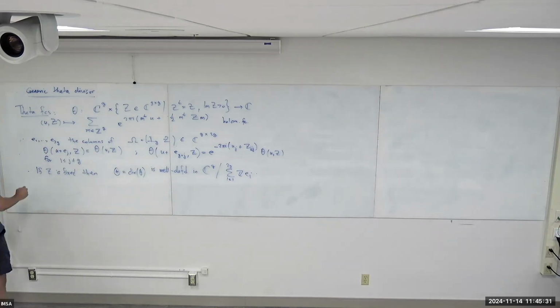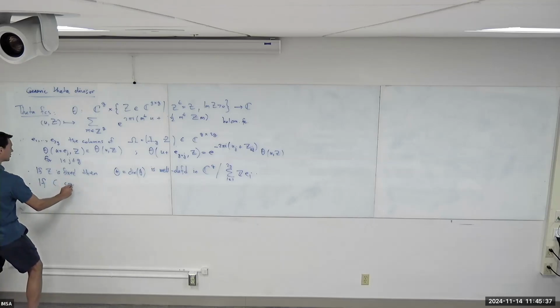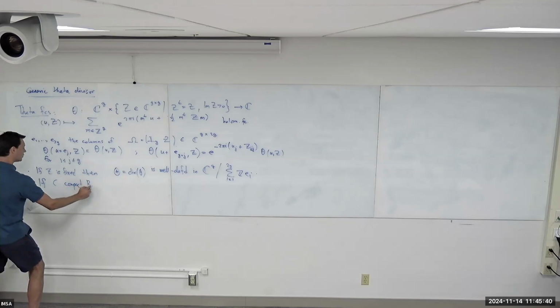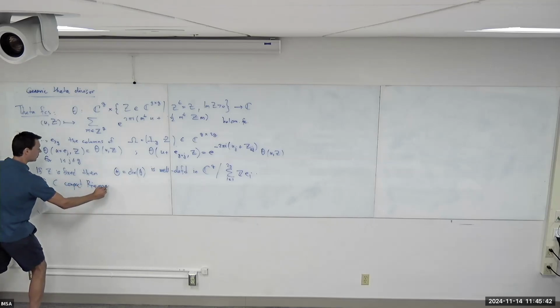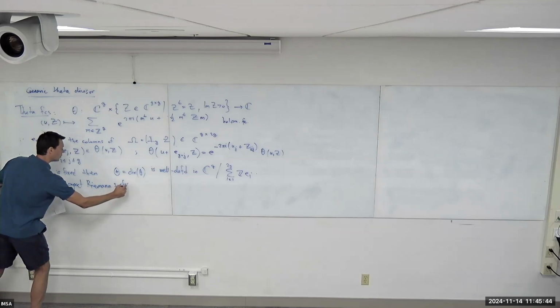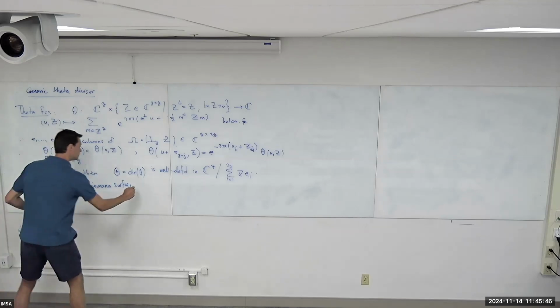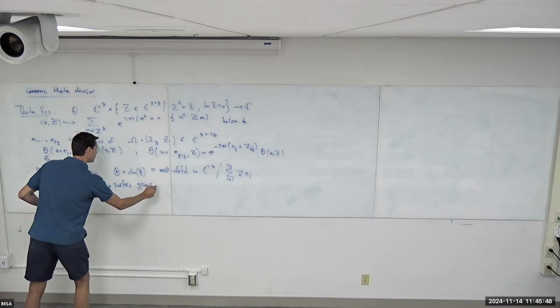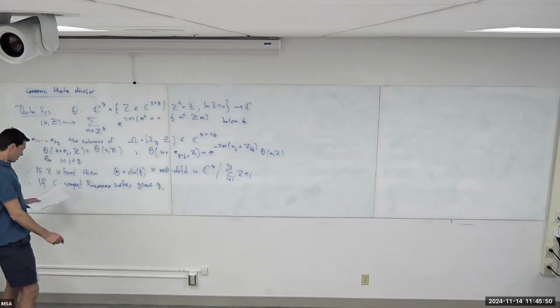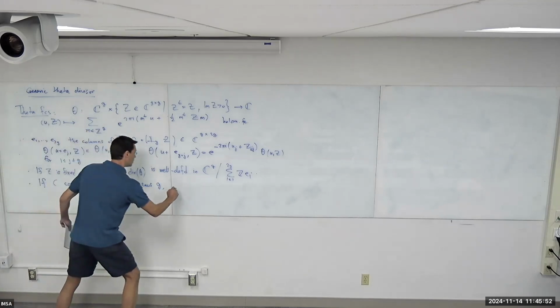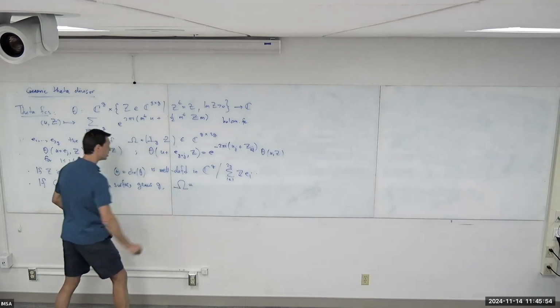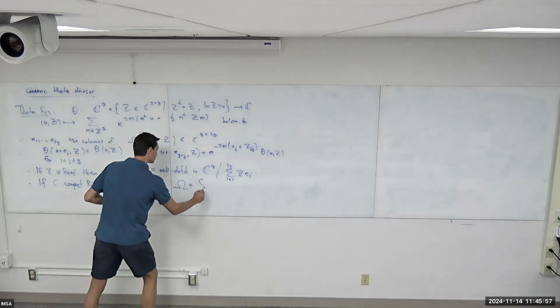I want to achieve this situation in the case of compact Riemann surfaces. So if you take C to be a compact Riemann surface of genus g, then you can form the period matrix omega for well-chosen bases.